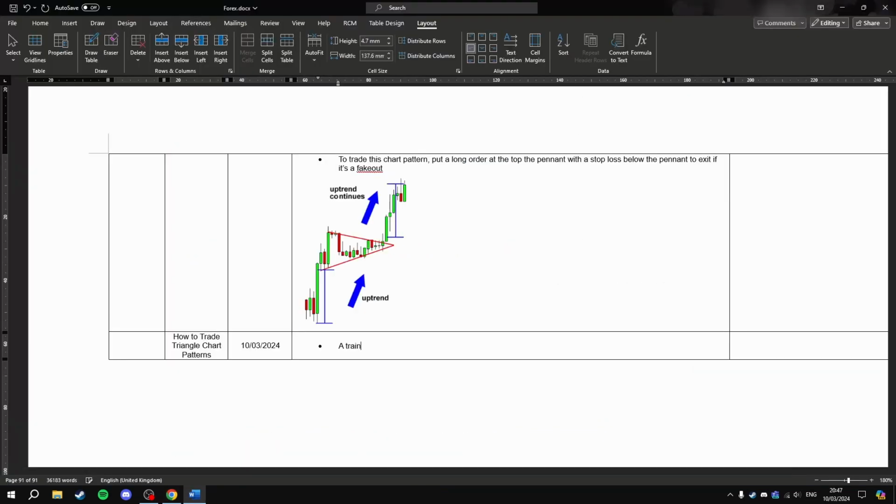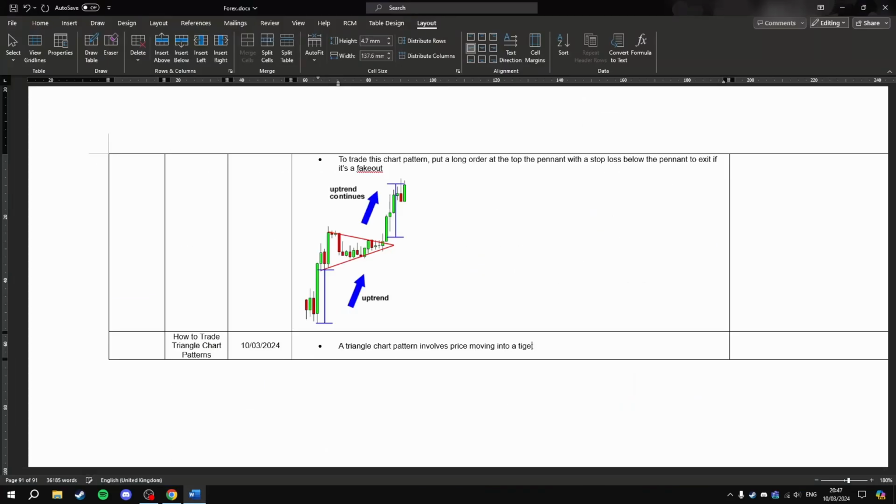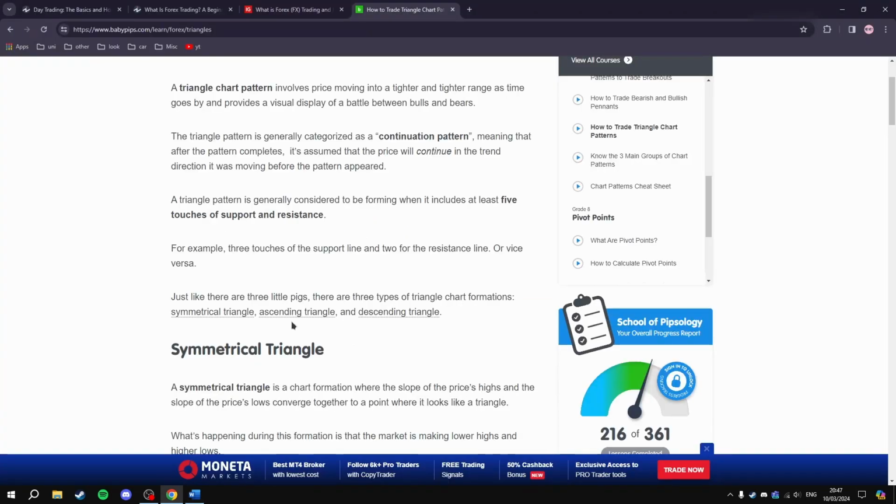So a triangle chart pattern involves price moving into a tighter and tighter range as time passes and provides a visual display of a battle between bulls and bears.